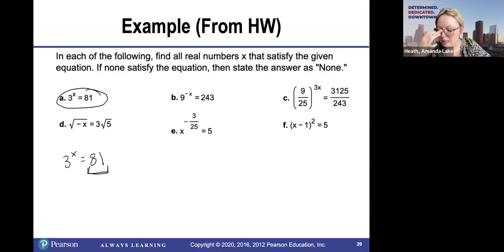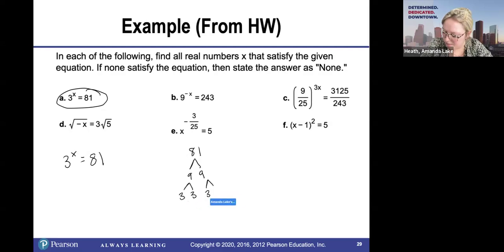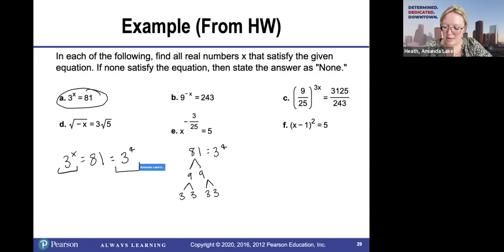So 81 is 9 times 9, and 9 is 3 times 3. So 81 is 3 to the 4th power. Since 3 to the x equals 81, or 3 to the 4th, I know that x has to equal 4 in this example.